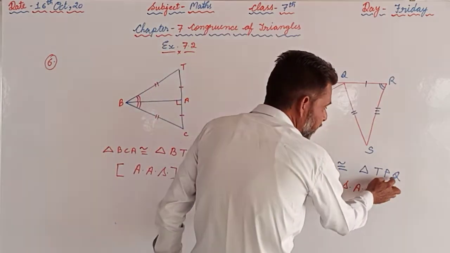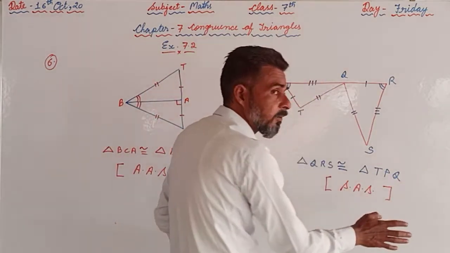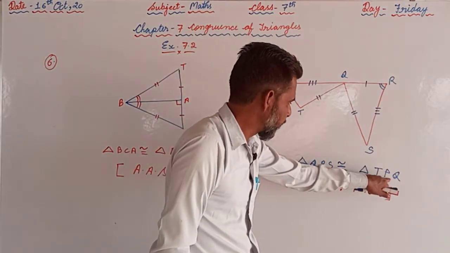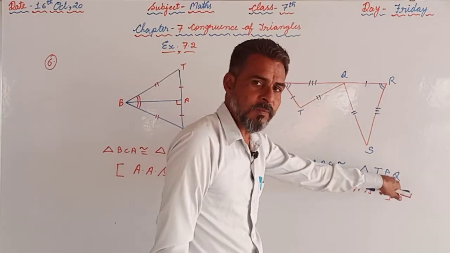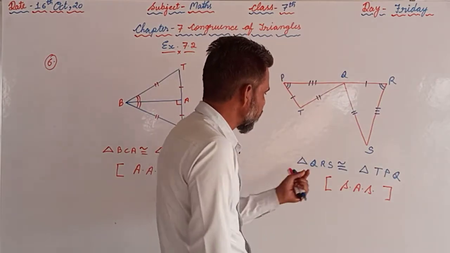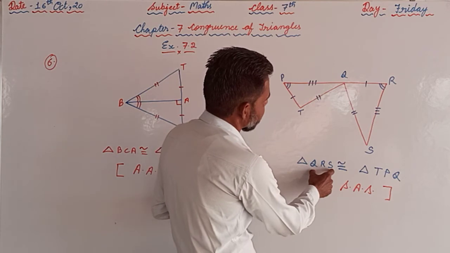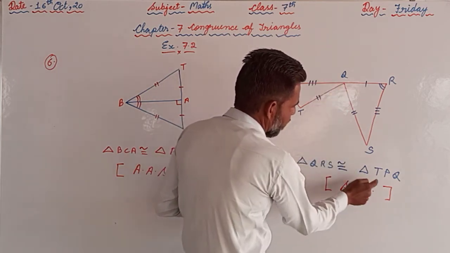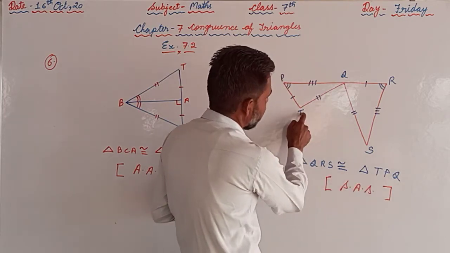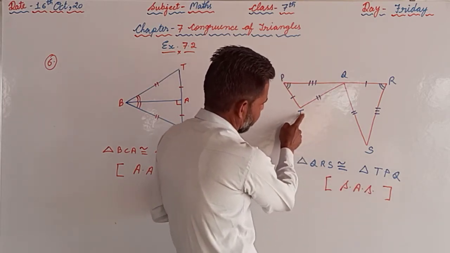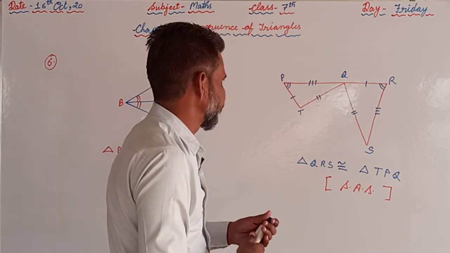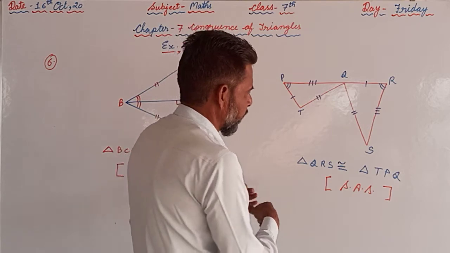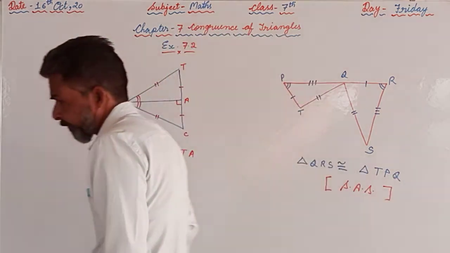So in place of TPQ we cannot write QPT, because angle Q is equal to angle T, and angle R is equal to angle P, and angle S is equal to angle Q. At the same time we can see the sides also, first one QS is equal to TP, and QT.